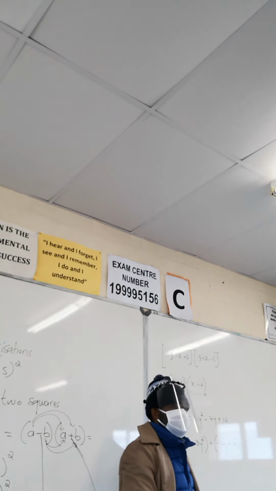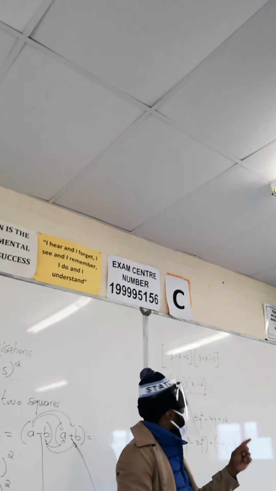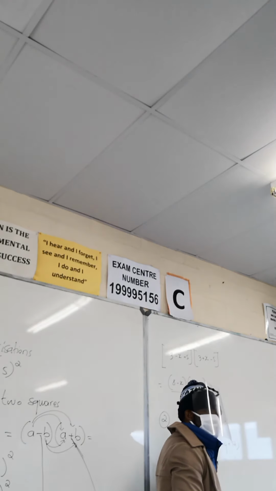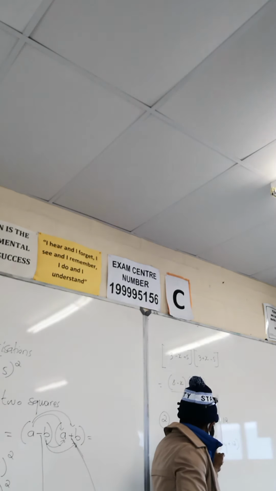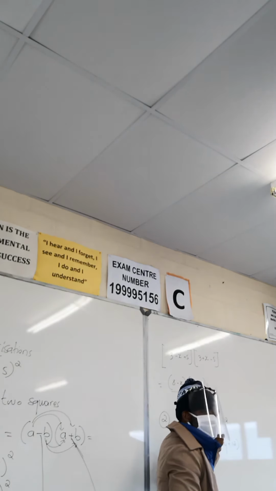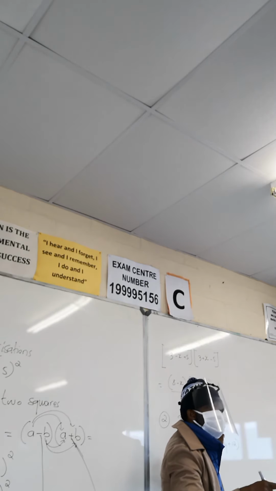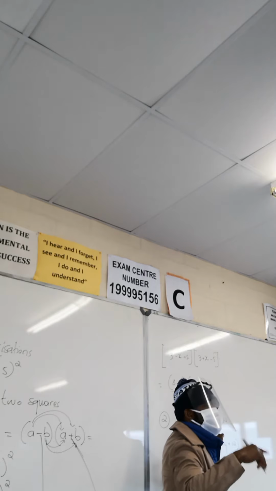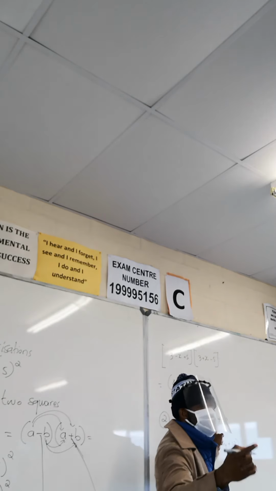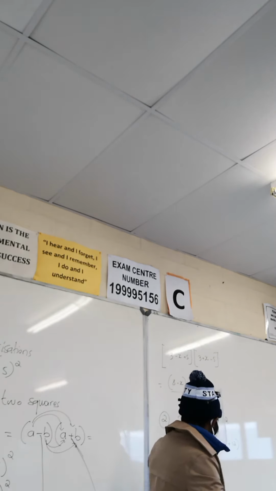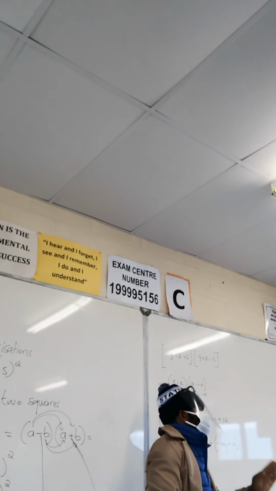Can you see how I'm doing it? But if you know your signs, I can take this minus out already. When I take this minus out, this number cannot be minus again. It must be plus, so that when you multiply minus times plus it will give you minus. If you know your signs.